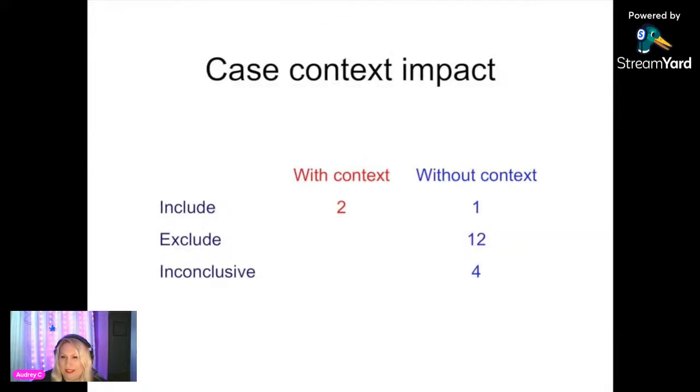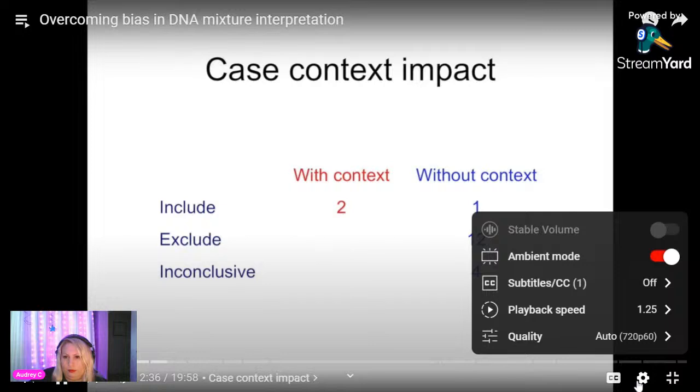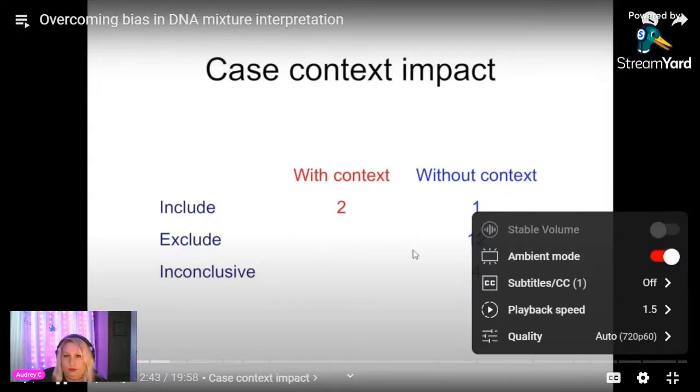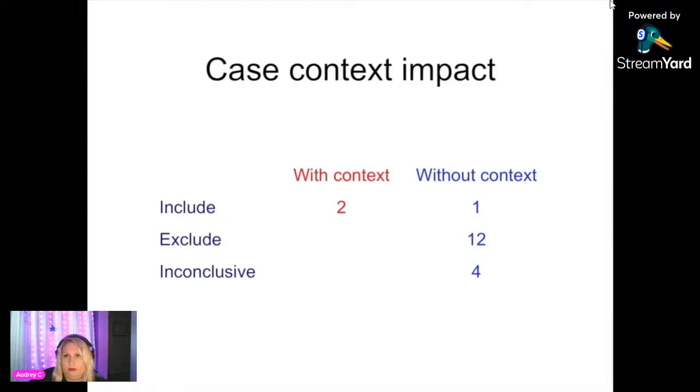When the original two DNA analysts examined mixture data with case context, as shown in red, they both included the defendant. However, when 17 trained DNA analysts were shown the identical DNA mixture data, this time without the context or knowing the answer, only one of the 17 included the individual. Twelve, the vast majority, excluded the defendant, and 4 found the DNA mixture to be inconclusive. And this suggested that case context could have a major impact on the conclusions in DNA mixture interpretation.